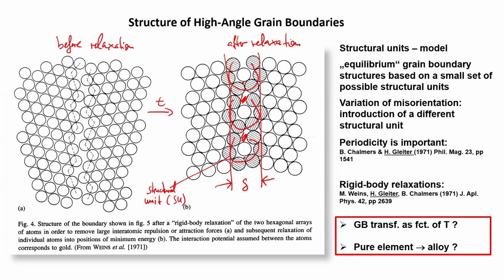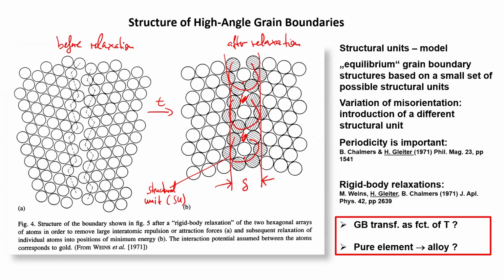It also has some slight problems, because what we do observe in nature is that when we have a certain grain boundary described by a certain arrangement of structural units, and we do not change the misorientation of the material, but change the temperature, we can sometimes see that there are transformations of these structural units.